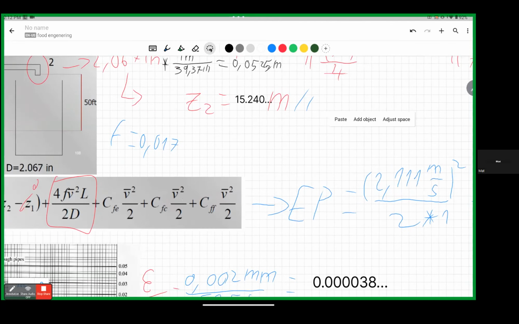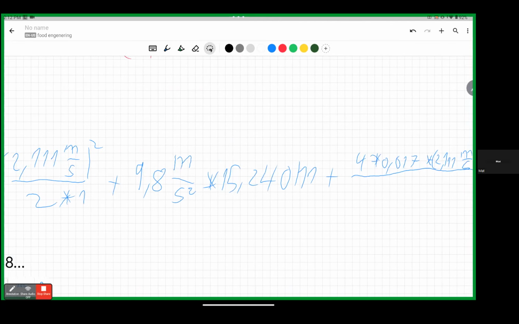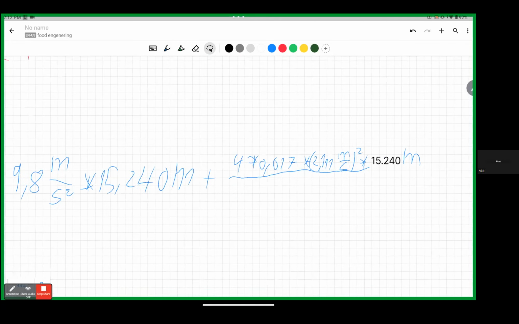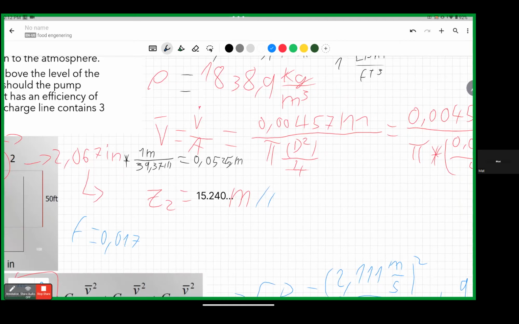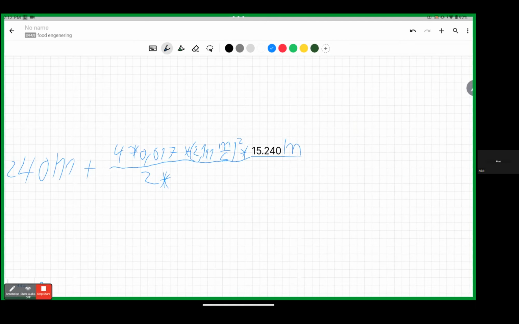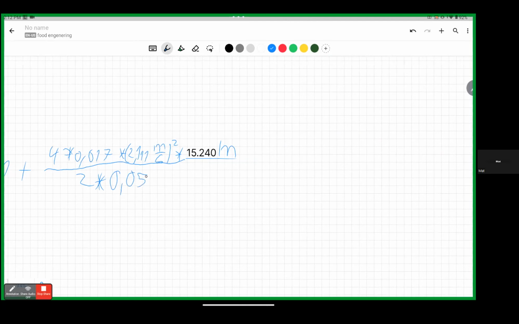In this case it is 2 multiplied by the diameter, which is 0.0525 meters.